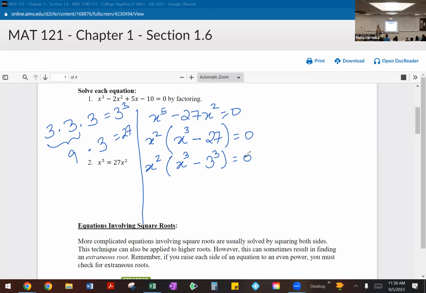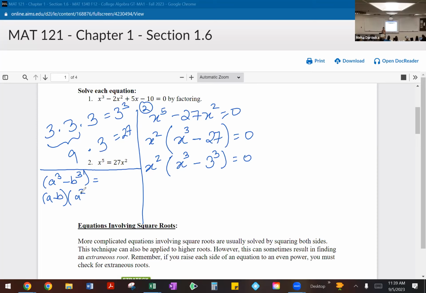Does anybody remember what the difference of cubes formula looks like? Again, I'll just use A and B to write it. Yeah, square, or plus, yes.